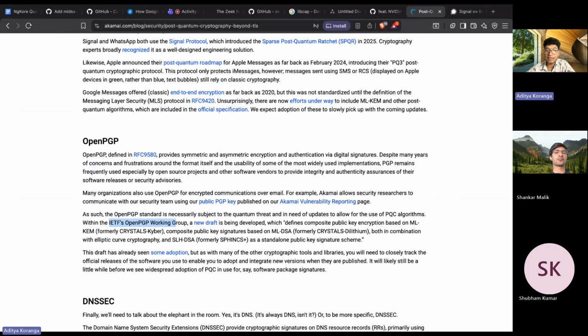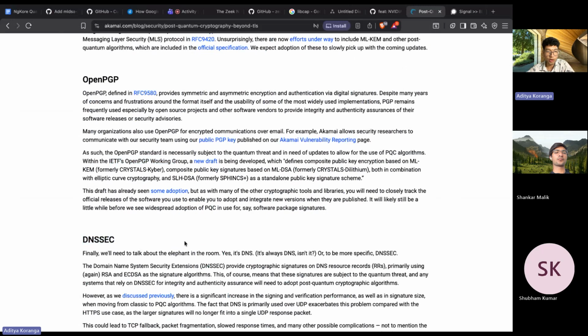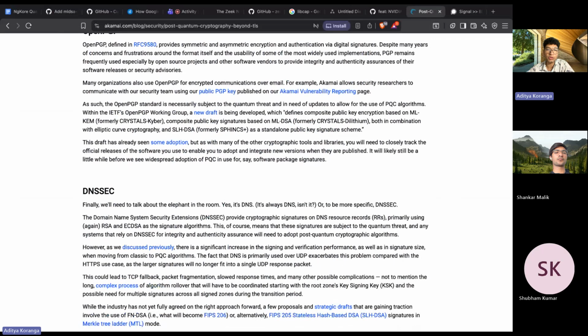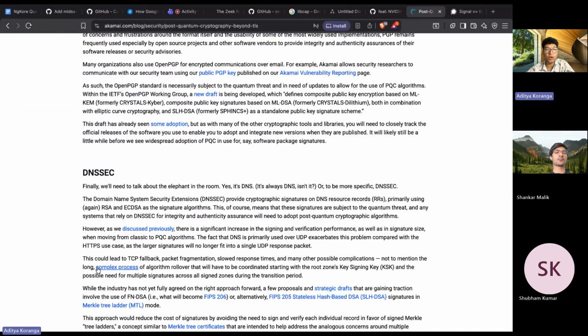Okay, for DNSSEC, I have seen a lot of blogs and videos providing PQC over DNSSEC, but they still say it is going to be a complex process, because DNSSEC also runs over UDP, and in UDP we can't directly provide the PQC signatures, because it will create fragmentation.